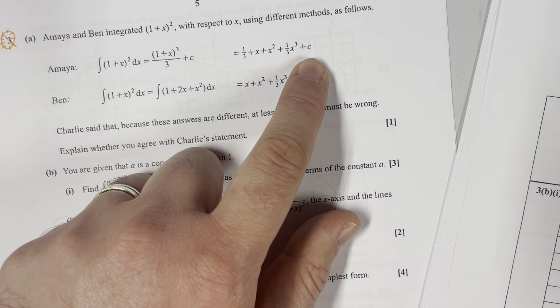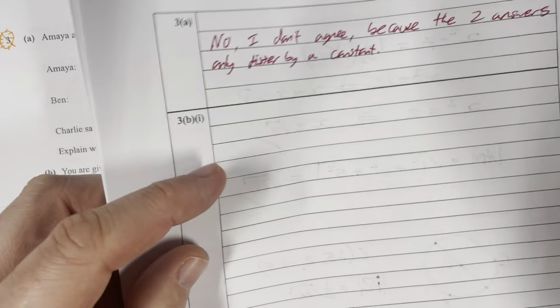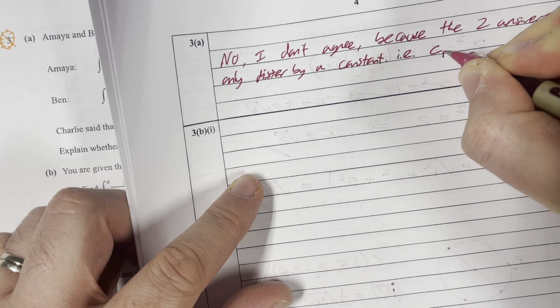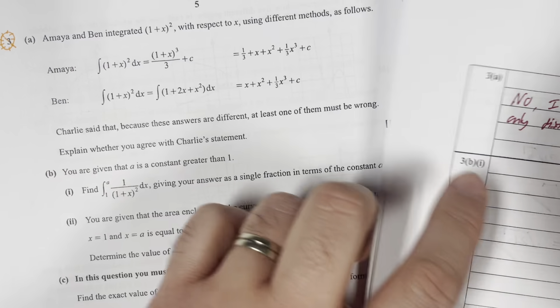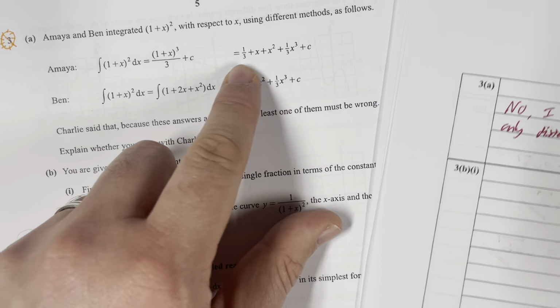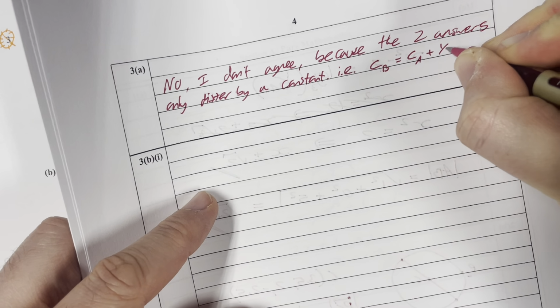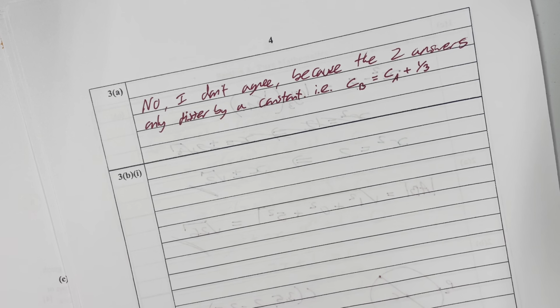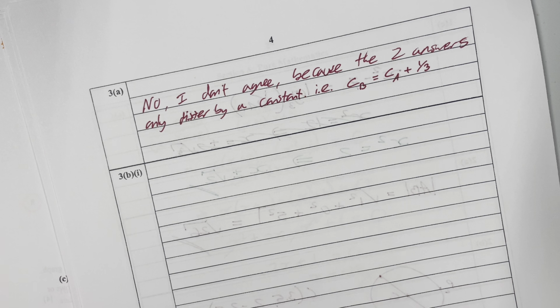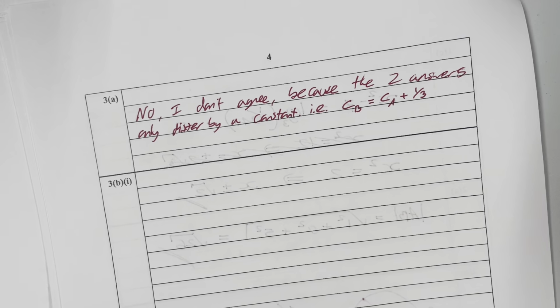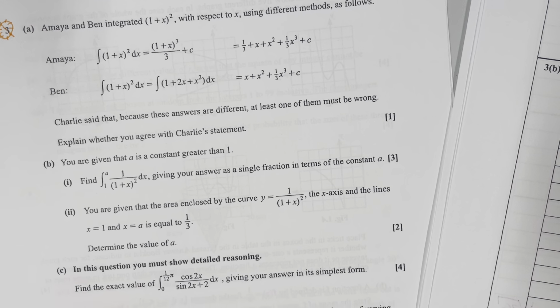We could say that Ben's constant, let's call it constant B for constant Ben, is going to be the same as Amaya's constant plus a third. And because the C is arbitrary, you can do that. You can redefine a constant like that because it's an arbitrary constant. Doesn't matter what it is, it still satisfies the original integral. So they're both correct. Okay, part B.